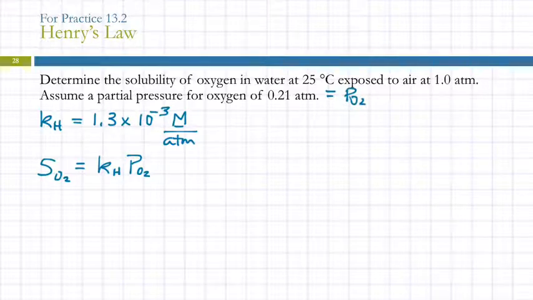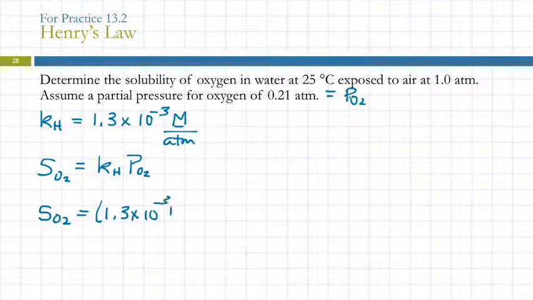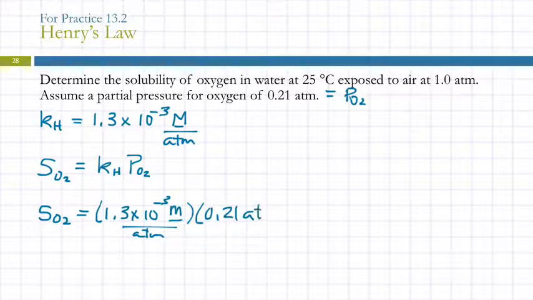And so we can calculate what the solubility of oxygen is. So the Henry's law constant is 1.3 times 10 to the minus third moles per liter per atmosphere. And the partial pressure is 0.21 atmospheres. And the units atmosphere cancel out.